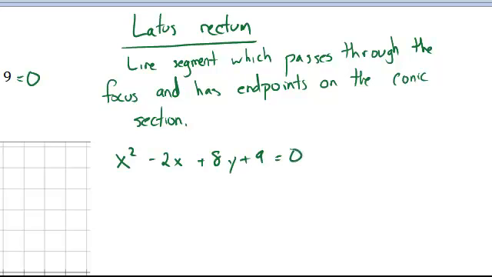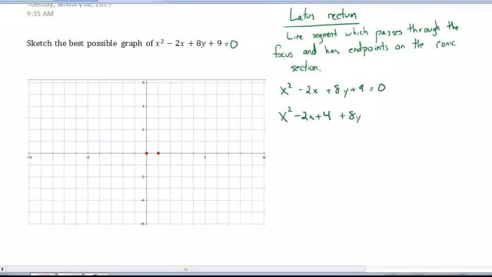And we should immediately think that this is going to be a parabola that has a vertical axis. We're not quite sure yet whether that's going to open up or down, but we'll find out in a moment once we do the problem. So I need to complete the square, so I get x squared minus 2x. I'm going to need a 4, plus 8y plus 5 equals 0.